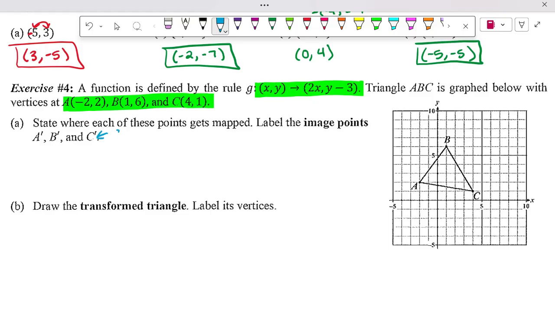You read this as C prime. If there's 2 little ticks, you call it C double prime. Math people are very simple folk. In the long run, when it comes to naming things, it's usually pretty obvious. So take a minute, plug and chug for all 3 of those points, and then go ahead and graph it.